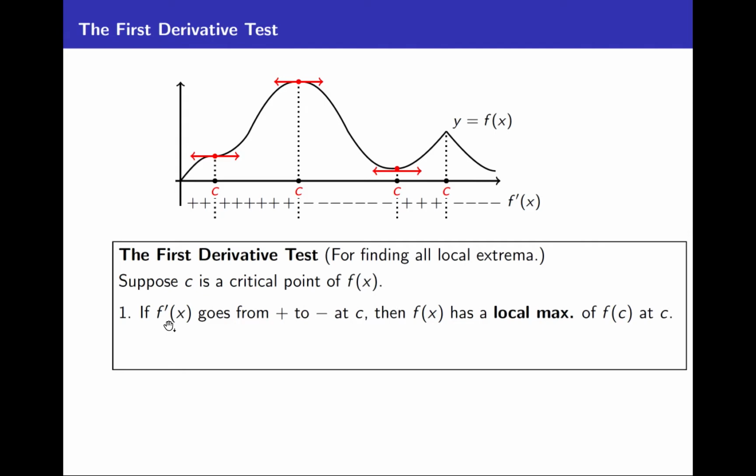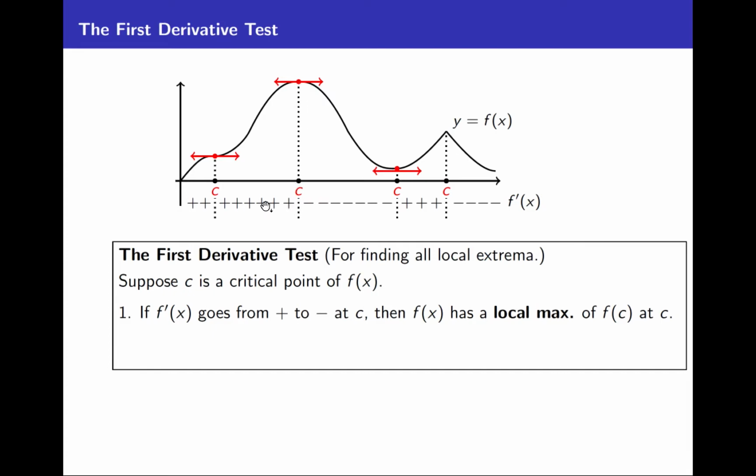First of all, if the derivative f prime goes from positive to negative at c, as you read from left to right, then f of x has a local maximum of f of c at c. So here, for example, the derivative goes from positive to negative, and we have a local maximum. Why?